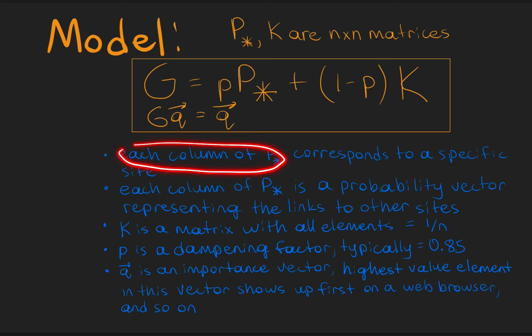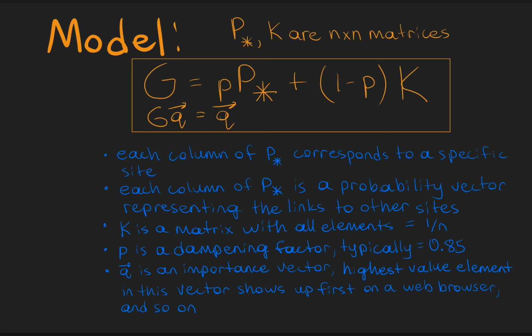Each column of this P star over here corresponds to a specific website. Each column of P star is also a probability vector representing the links to other sites. If you don't understand what these two concepts really mean, then don't worry, because we're going to look at an example and you'll understand after we go through the example.